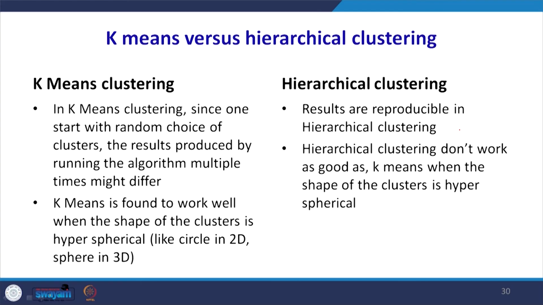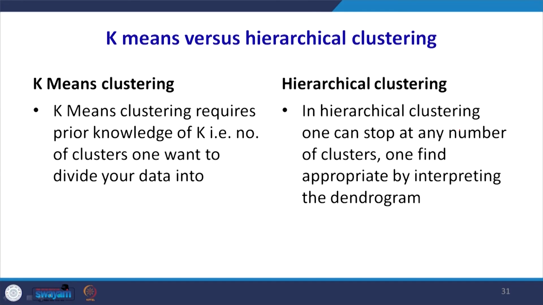Hierarchical clustering does not work as well as K-means when the shape of the cluster is hyperspherical. So, K-means clustering is suitable for hyperspherical clusters. K-means clustering requires prior knowledge of K, that is, the number of clusters one wants to divide the data into. In hierarchical clustering, one can stop at any number of clusters one finds appropriate by interpreting the dendrogram.